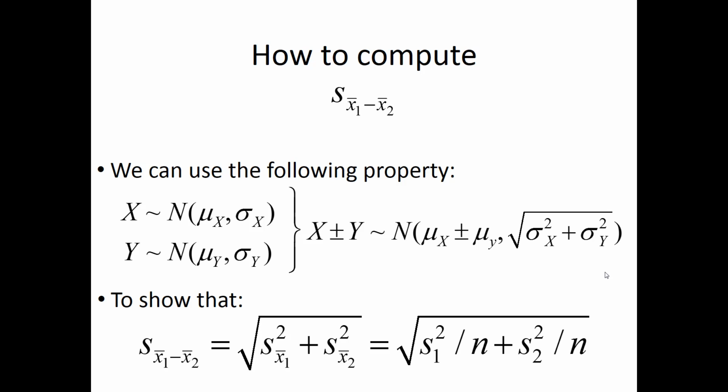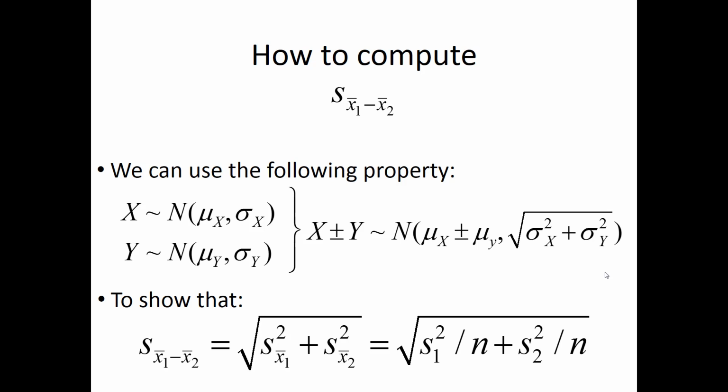To calculate it, we use the following property: if x is a normal distribution defined by a mean and a standard deviation, and y is also a normal distribution defined by a mean and standard deviation, then the combination of x and y will be a normal distribution defined by the combination of the means of x and y and the standard deviation, which is the square root of the sum of the variances of x and y.